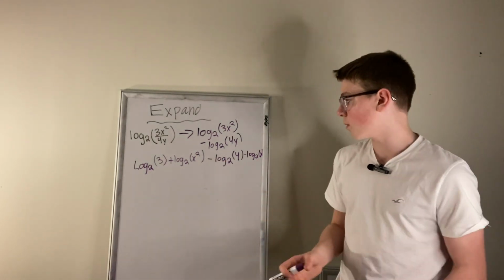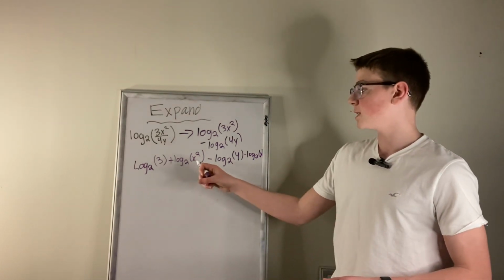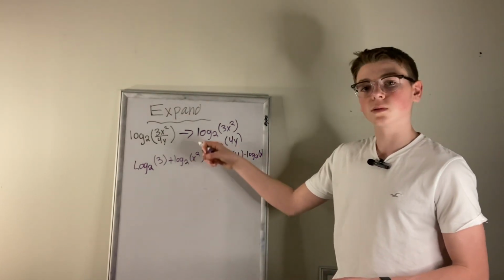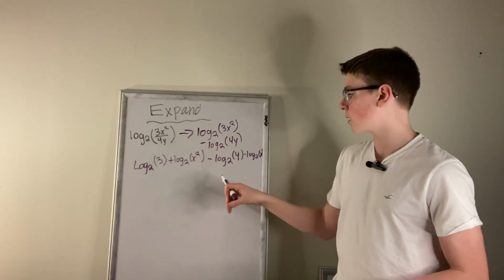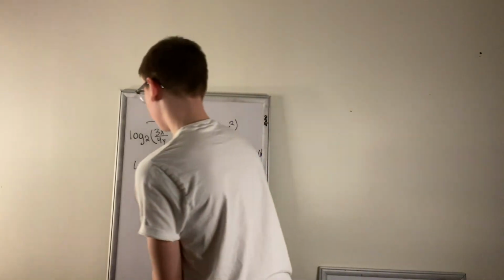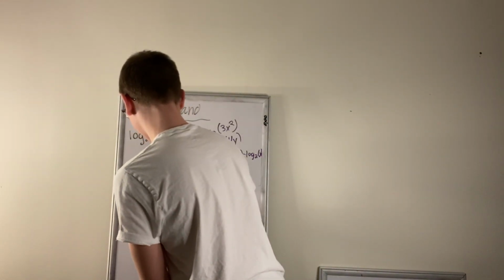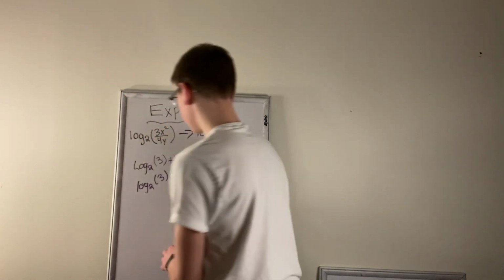So now what? Well, I see a couple things here we can simplify. We can simplify this log base 2 of x squared, and this log base 2 of 4. So let's just do log base 2 of 3 plus, now what do we do?